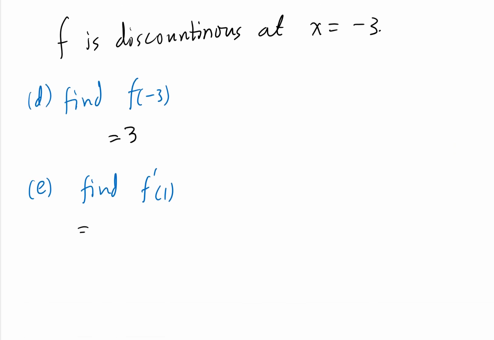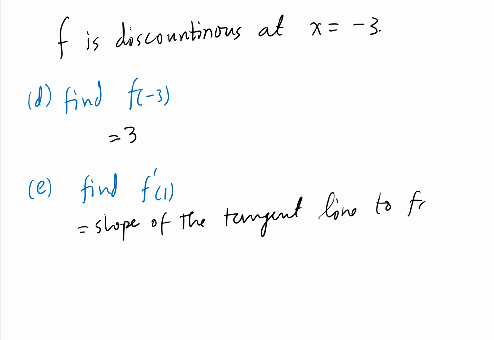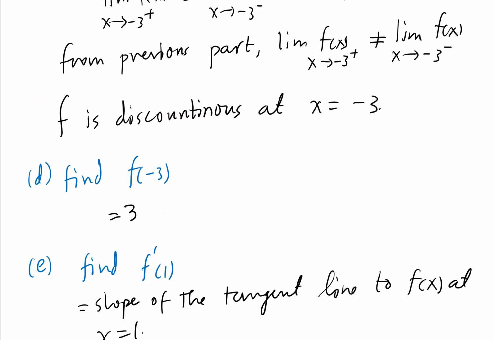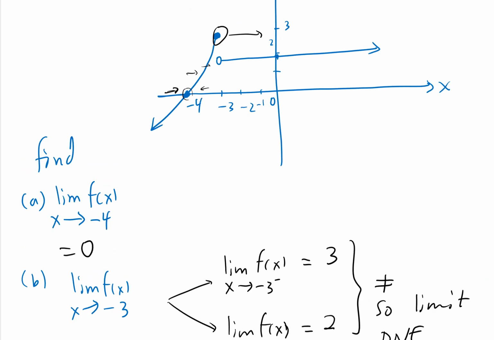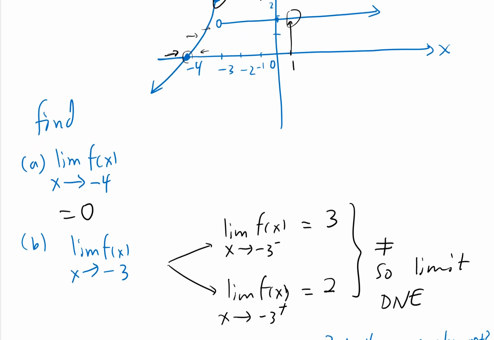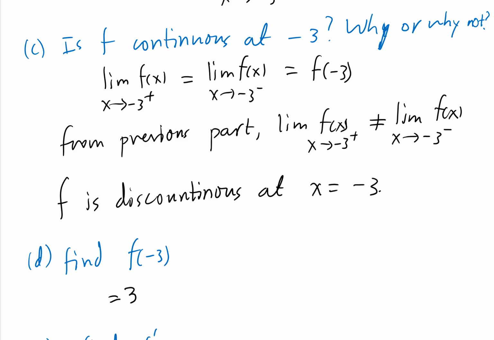This is asking us what is the slope, because the derivative at the point means the slope of the tangent line to the function f of x at x equals 1. So f prime at 1, this is 1. What's the slope of this line at that 1? The slope is 0.